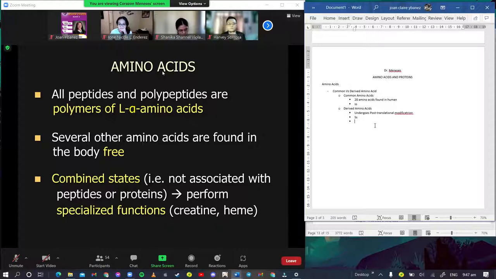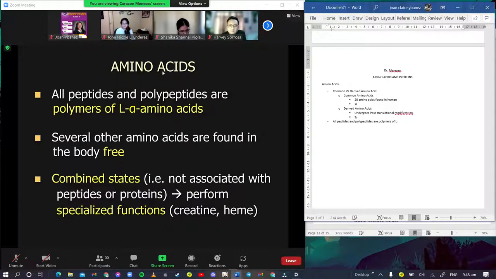So this is very important: all peptides and polypeptides or proteins are polymers of L-alpha amino acids. We also have other amino acids found in the body free in circulation in the blood, exemplified by glutamine or alanine.